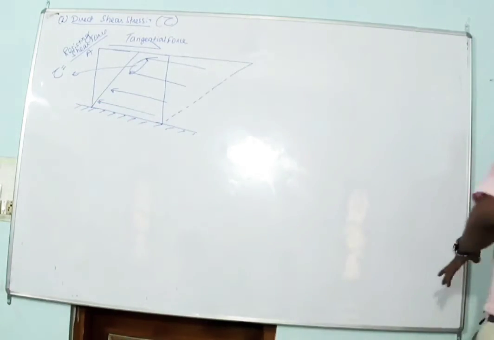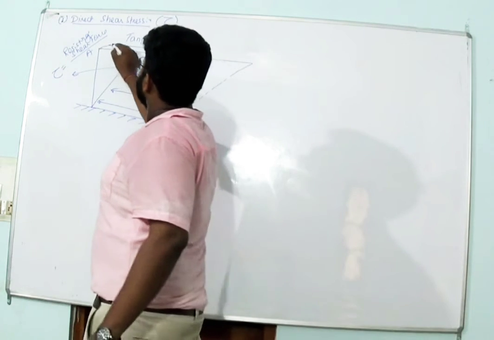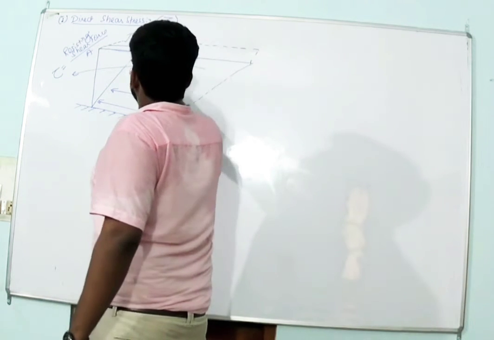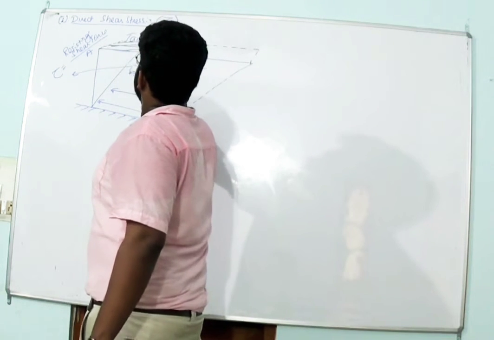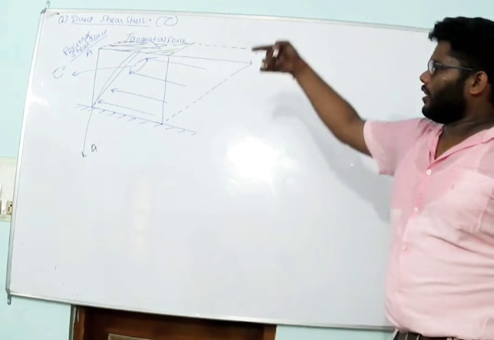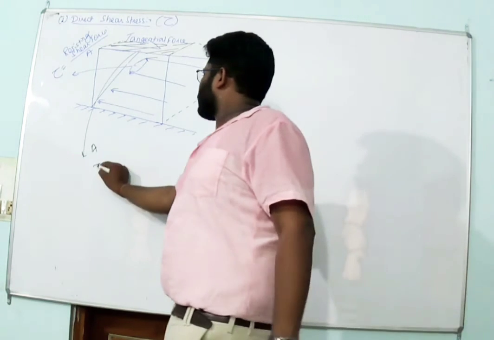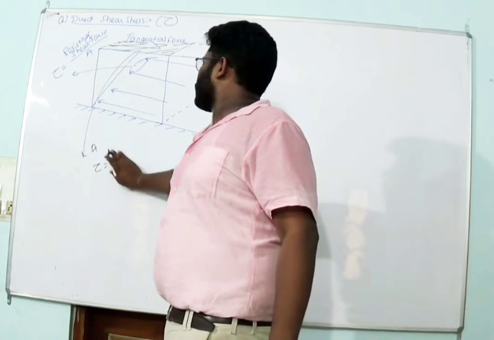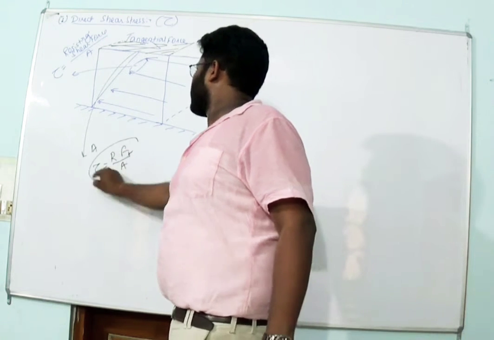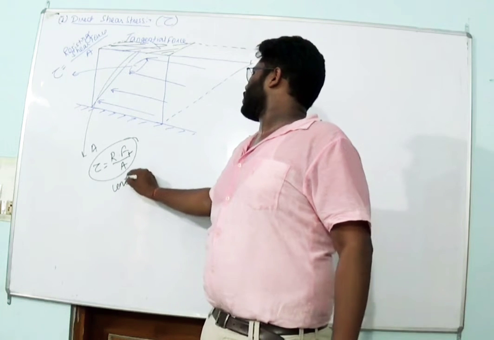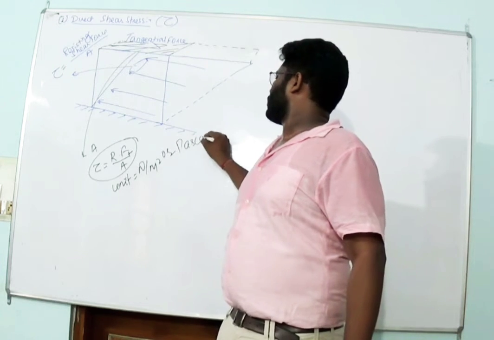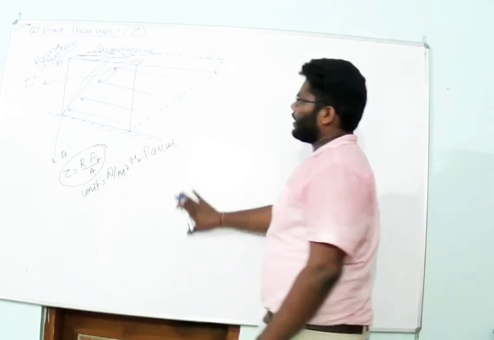Whichever surface you apply the force on, this one is the cross-sectional area of the element. So our tau is equal to the resisting shear force, tangential, divided by the cross-sectional area. What is the unit? Newton per meter square or Pascal. So this is your direct shear stress.